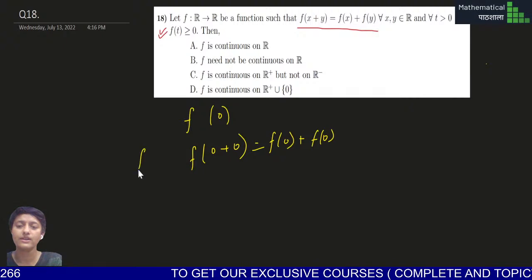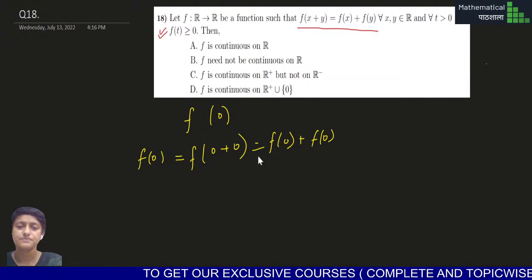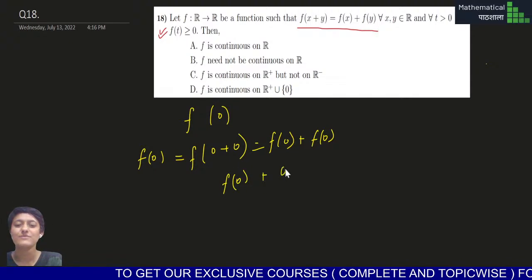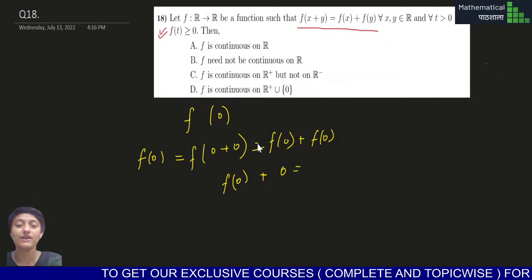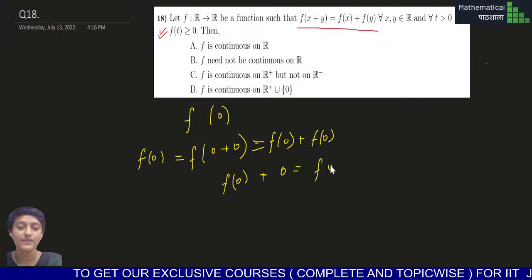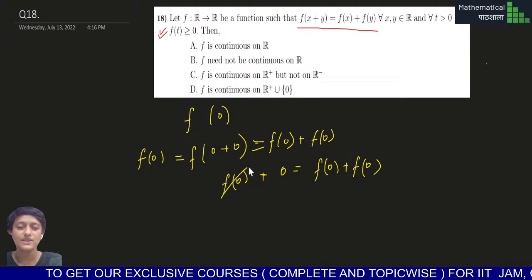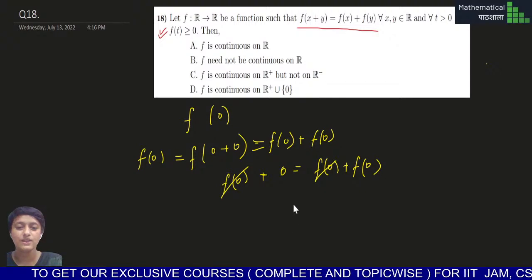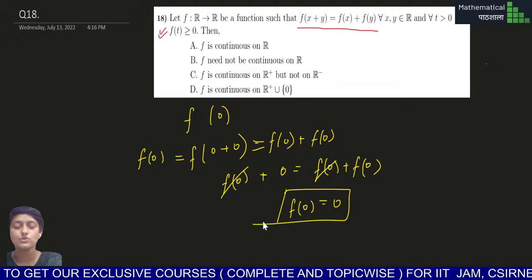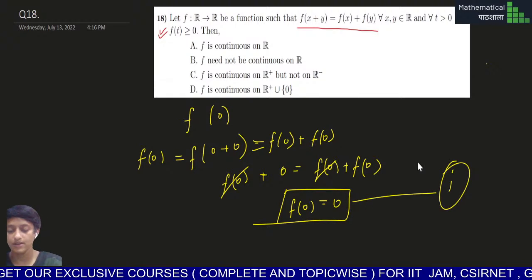So we have got that f of 0 is nothing but f of 0 plus f of 0. You might be thinking that I am just playing, but we have to play with the given hypothesis to get the answer, right? So one f of 0 will be cancelled out here and we will get that f of 0 will be equal to 0. This we will use ahead. Let us make it equation number 1.